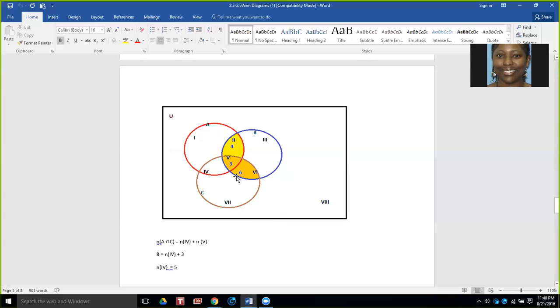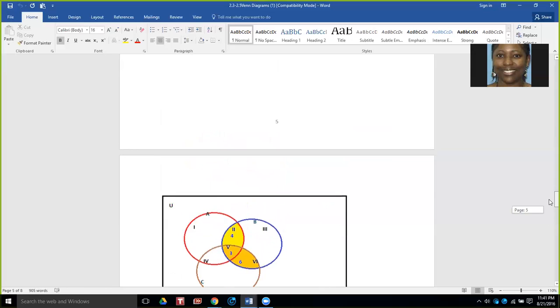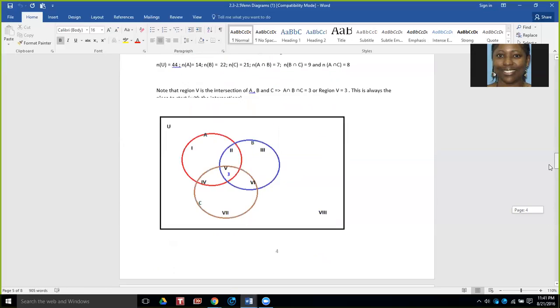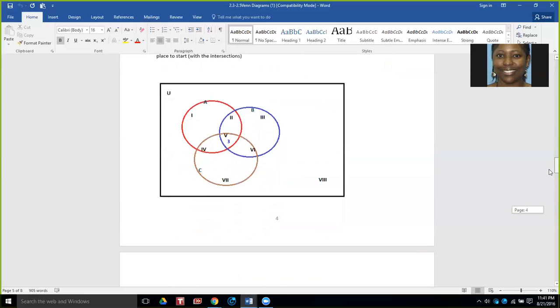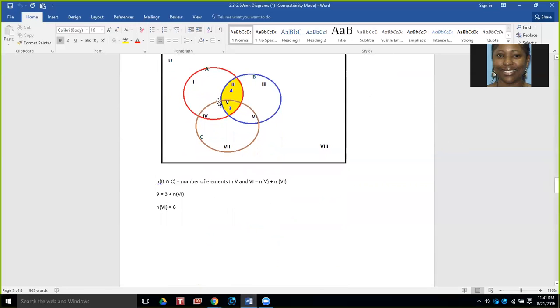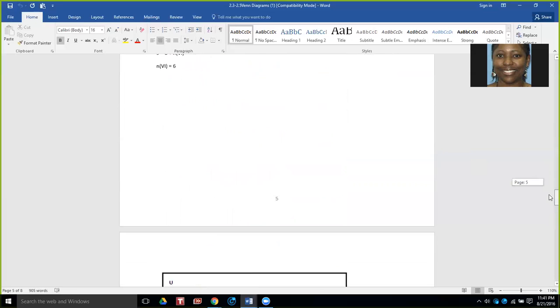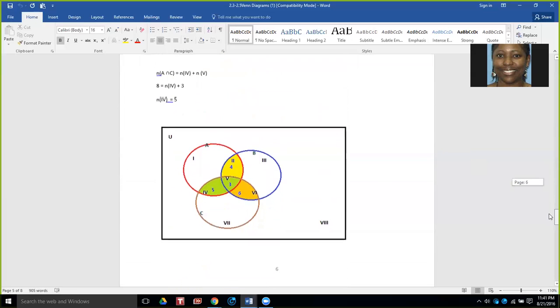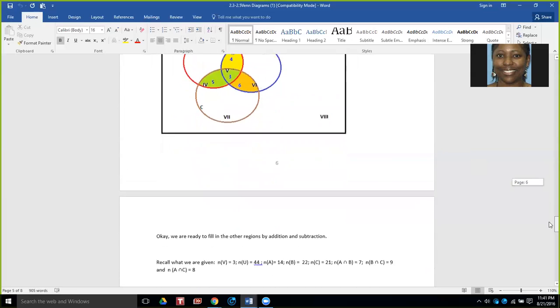So that's the intersection of B and C. And then we can do the intersection of A and C. Let's see what the total elements for A and C is. It's 8. So therefore, what should be 4? What should be in region 4? If the total should be 8. So let's look. 5. Very good. See? And I break it step by step.